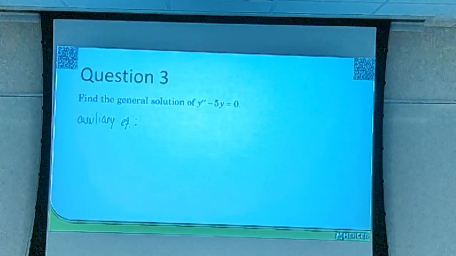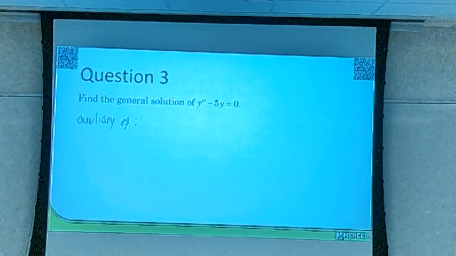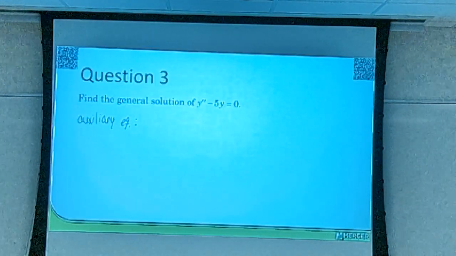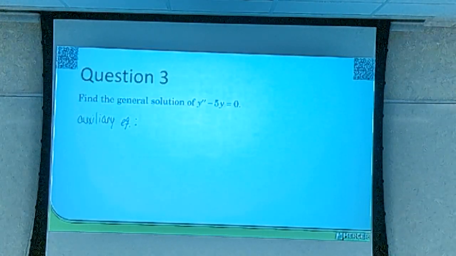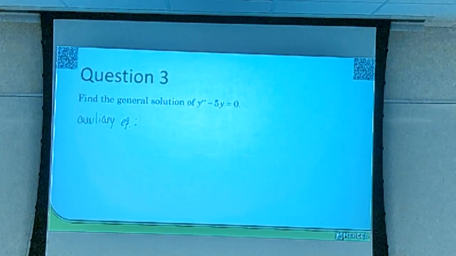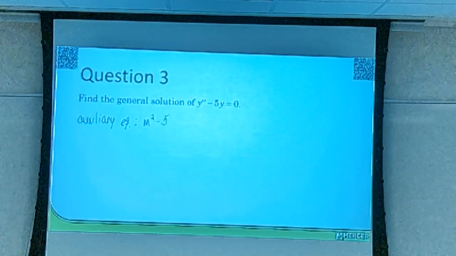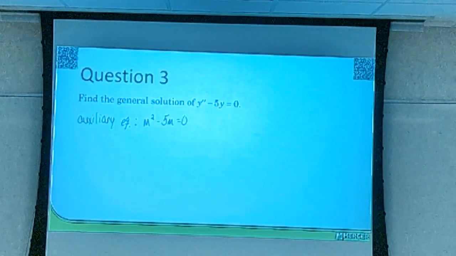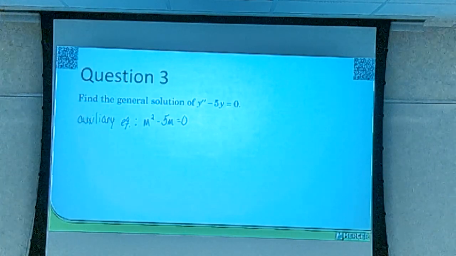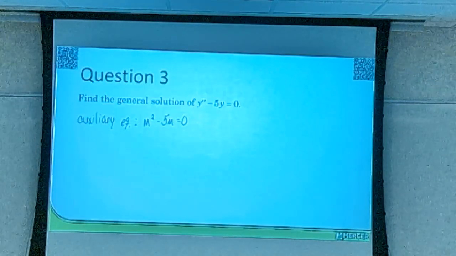Auxiliary. m squared minus 5m. Is it this? m squared minus 5 is 0.